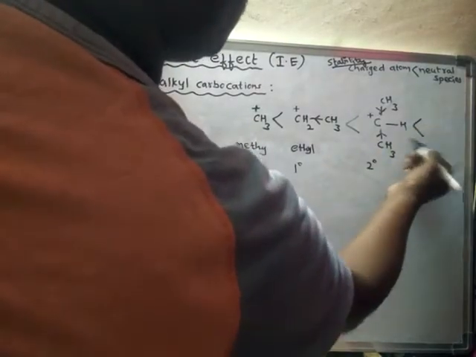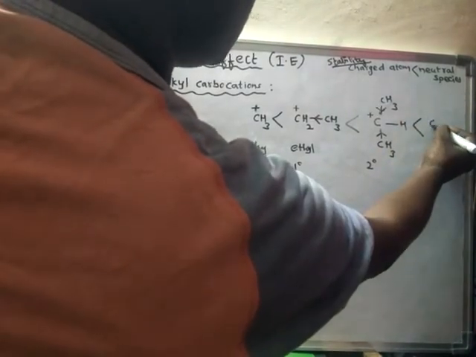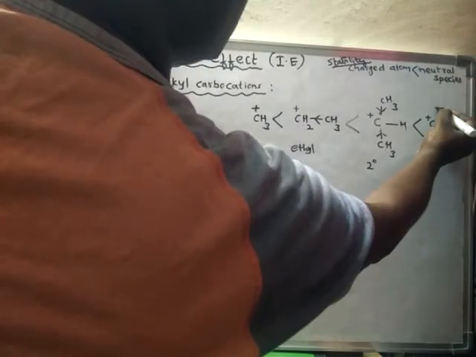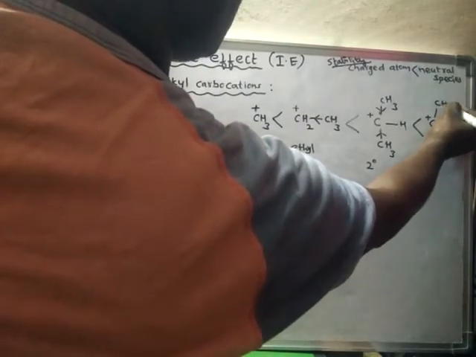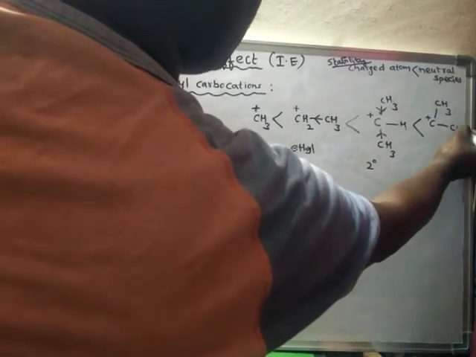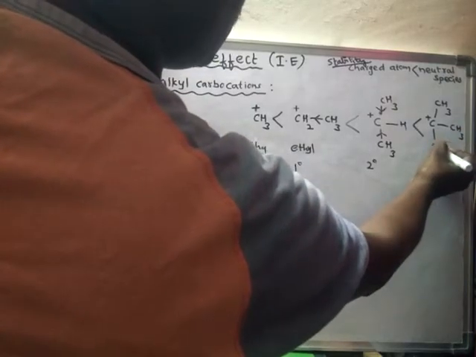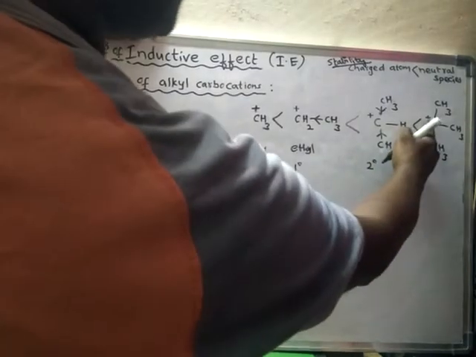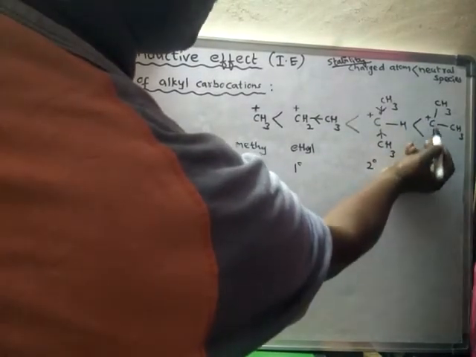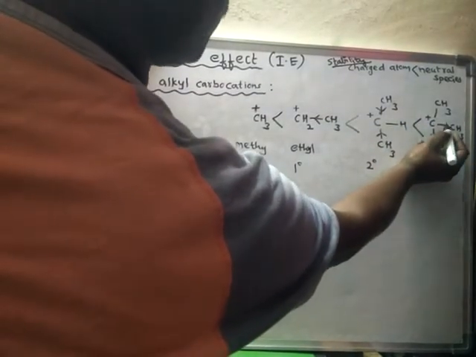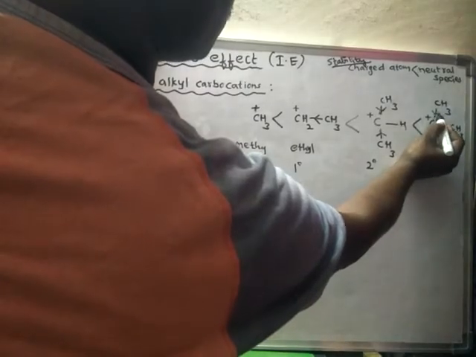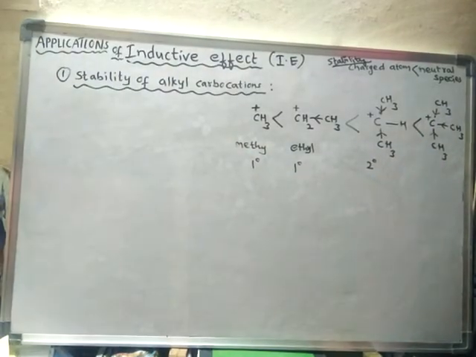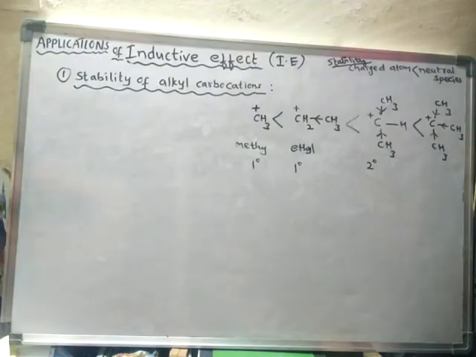Suppose three hydrogens are replaced by methyl groups, so this is a carbocation actually. Here there are three methyl groups, three electron releasing groups. If they are attached to the carbocation, the charge on the carbocation is dispersed. Charge dispersion takes place.